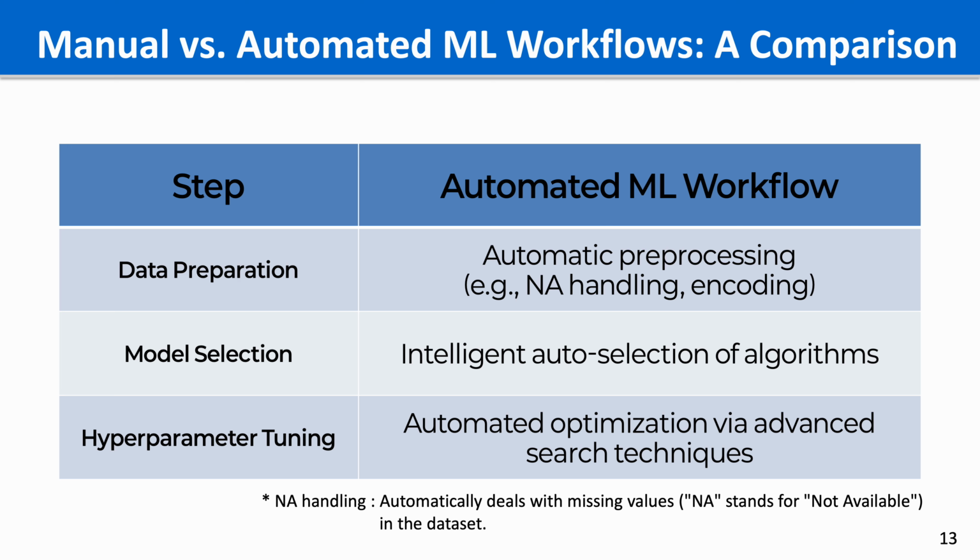Next, for model selection, intelligent search methods, think of FLAML's cost-aware hill climbing, can test dozens of algorithms in minutes, something that used to keep us busy for an entire afternoon. Finally, for hyperparameter tuning, techniques like Bayesian optimization or bandit search replace the old grid search marathon and usually find better settings in a fraction of the time.